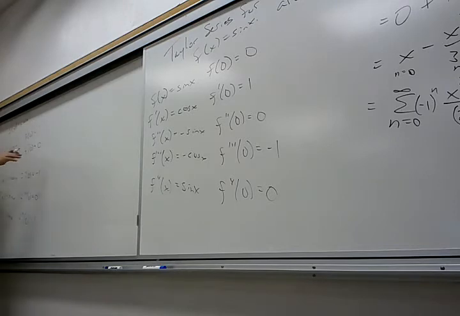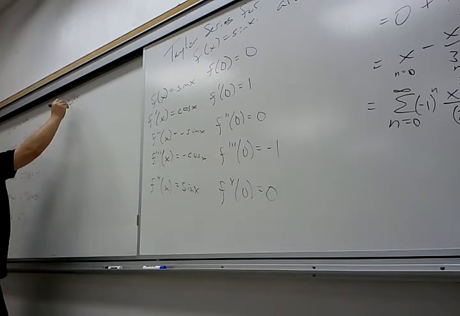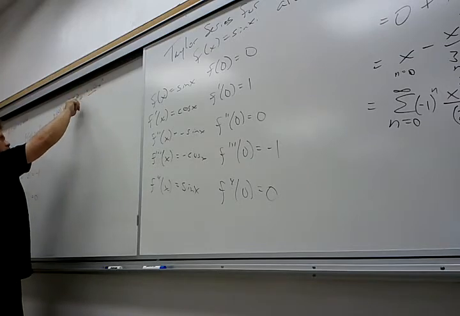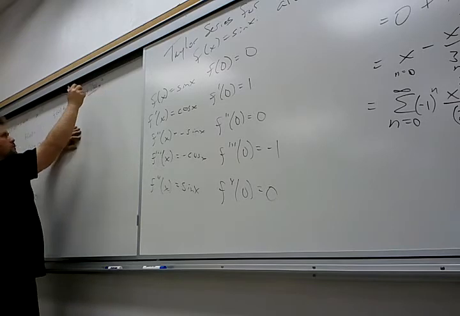So when you go to build this, I'll have f of 0 plus f prime of 0 x plus f double prime of 0 over 2 factorial x squared. And of course, these are just because I'm using a equal to 0 here, right? In general, it'll be x minus a.